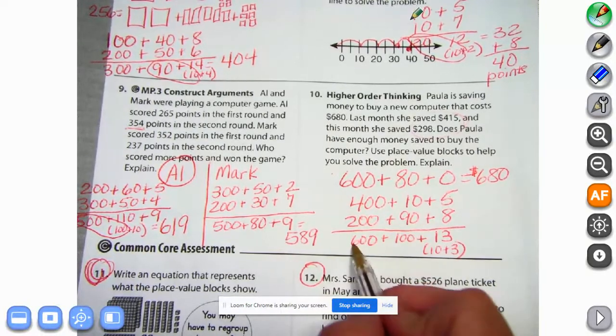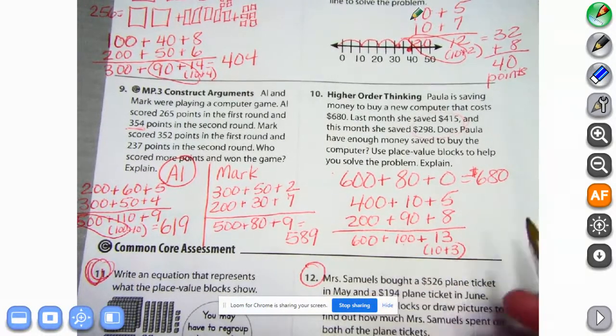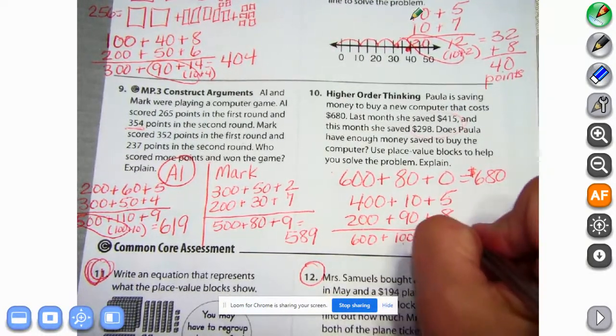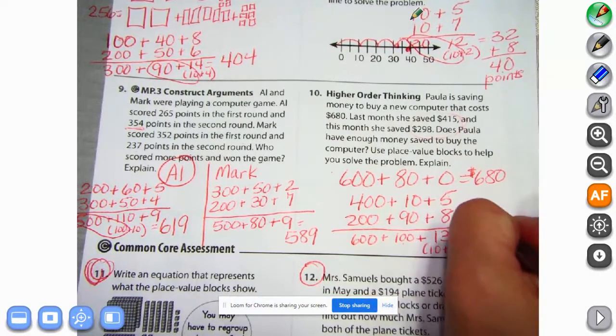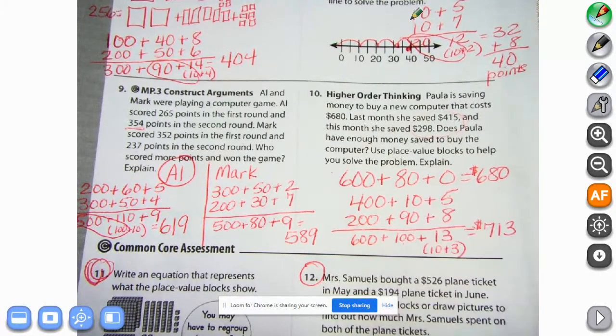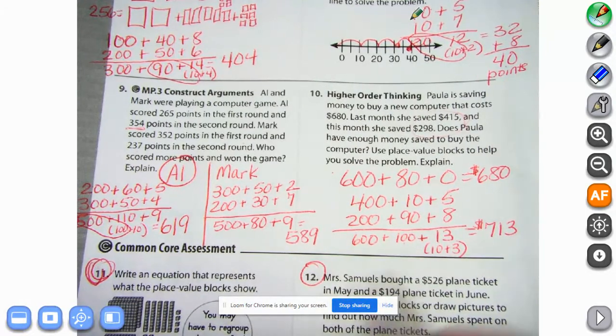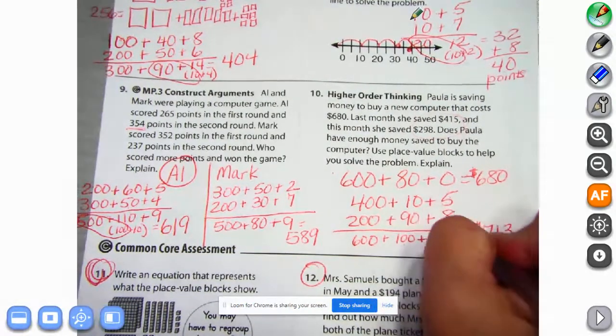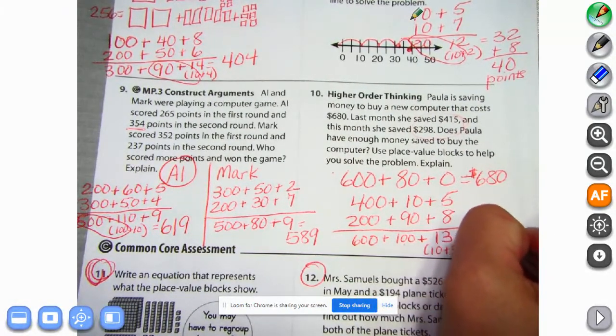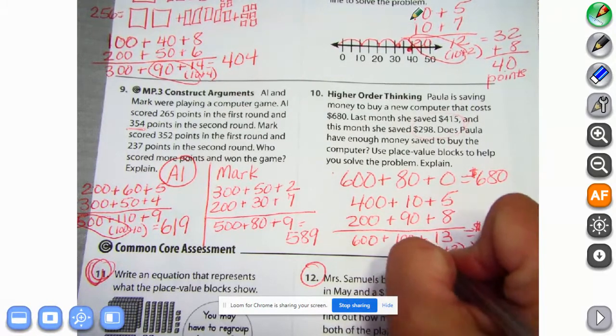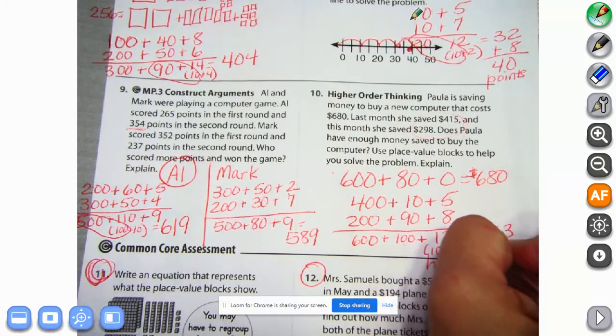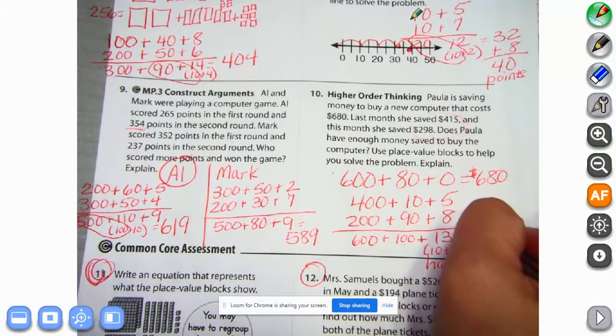So we're going to add 600, 700, and 13. So she's made $713. And so, yes, she has enough. She has enough money to buy her computer.